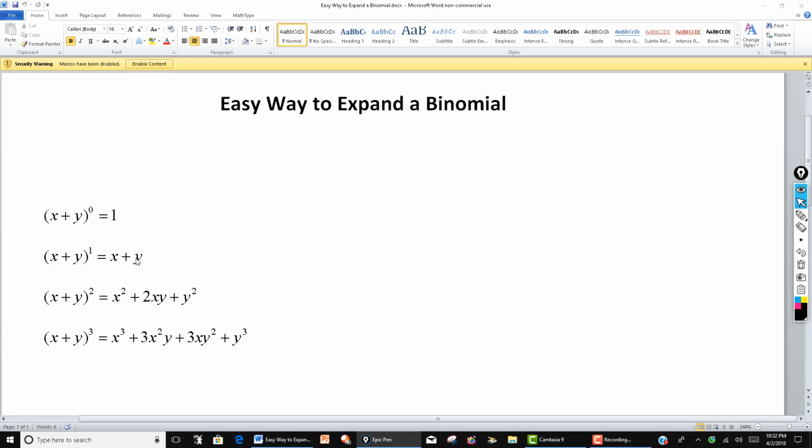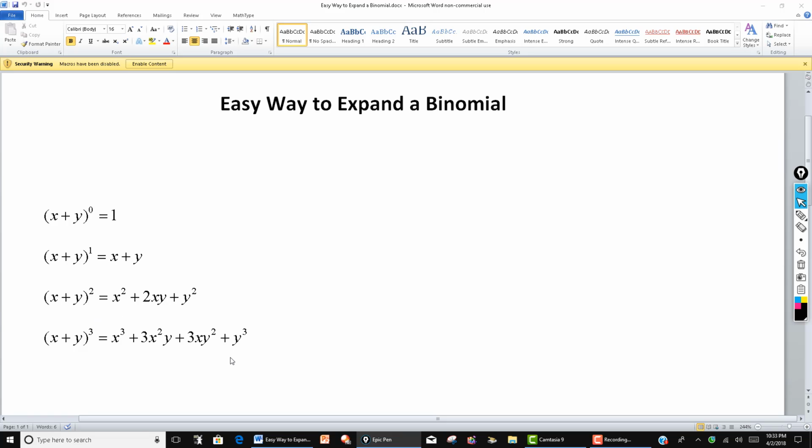Okay. You got one term. Okay. X plus y to the first, we got 2 terms there, and that's one more than 1. That's 2, okay? X plus y to the second has 3 terms, and that's 2 plus 1, okay? And the next one, x plus y to the third, has 4 terms, that's 3 plus 1, okay? So the number of terms on the right side is one more than the power on the binomial, okay?